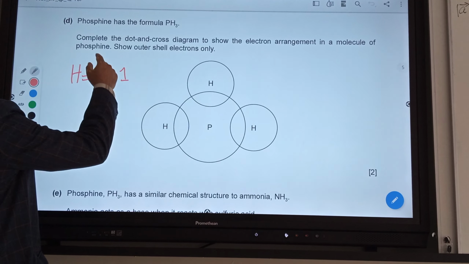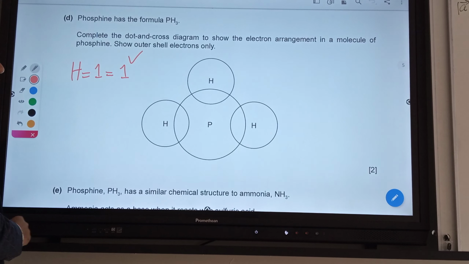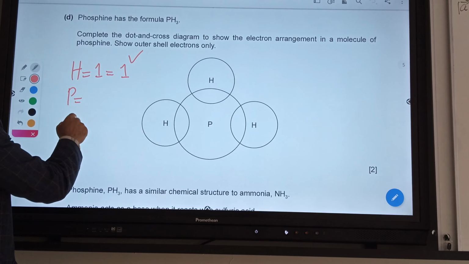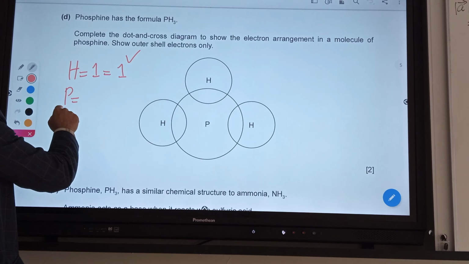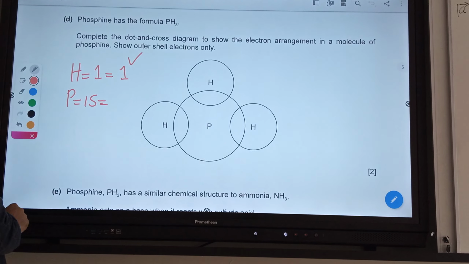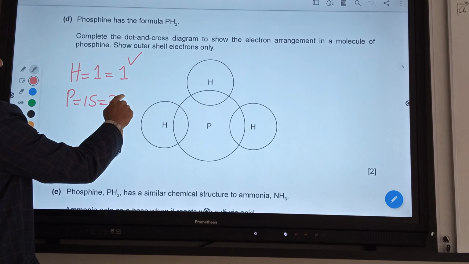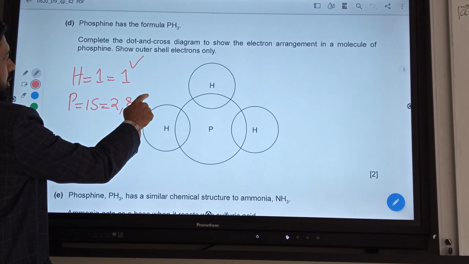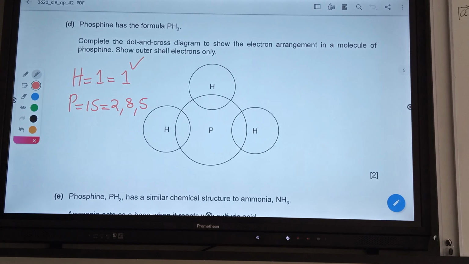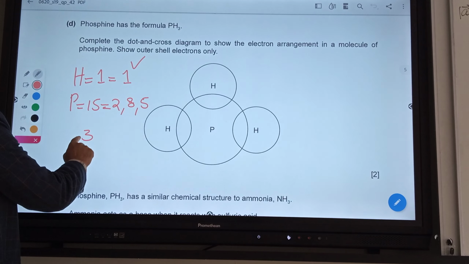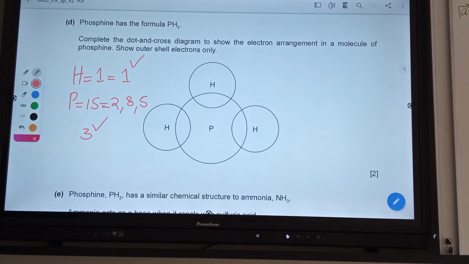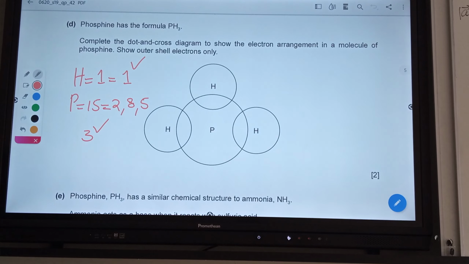So hydrogen is going to share only one electron, whereas phosphorus belongs to group 15, group 5, and its atomic number is 15, meaning it has 15 electrons. Its structure will be 2, 8, 5. So as it has 5 electrons in its last shell, there is a deficiency of 3 electrons. Phosphorus is going to share 3 of its electrons.